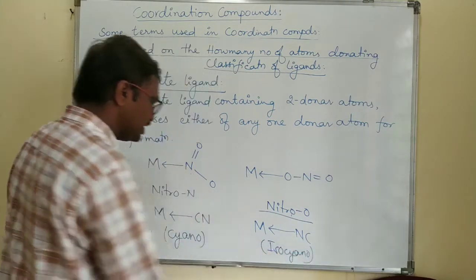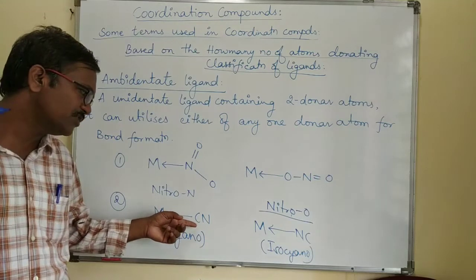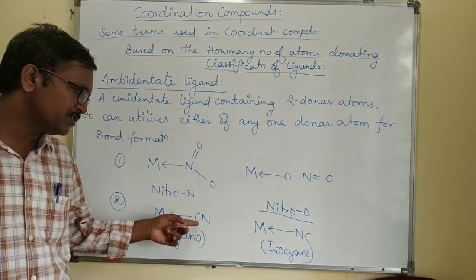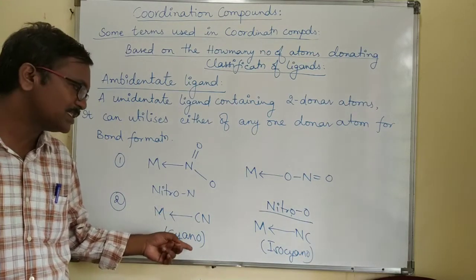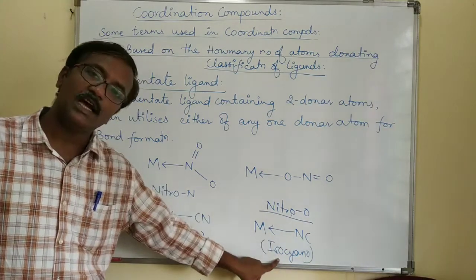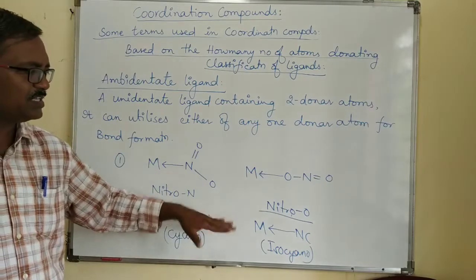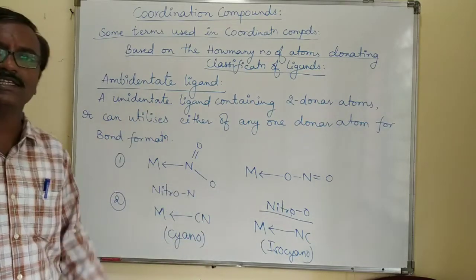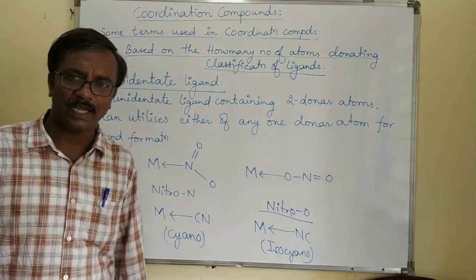It can utilize both donor atoms. When it utilizes carbon, you call it cyano. When it utilizes nitrogen, you call it isocyano. These types of ligands are called ambidentate ligands.